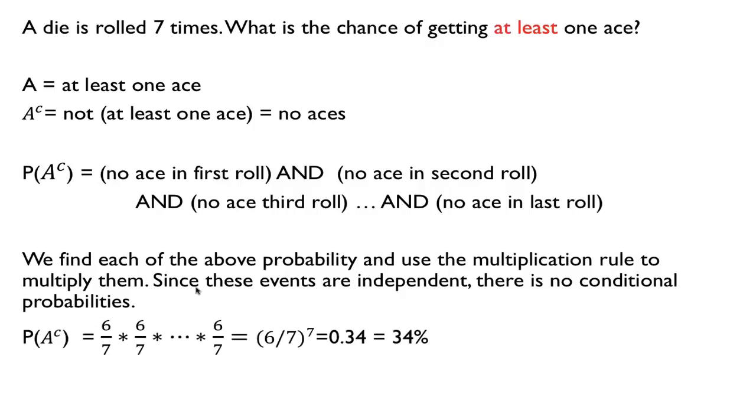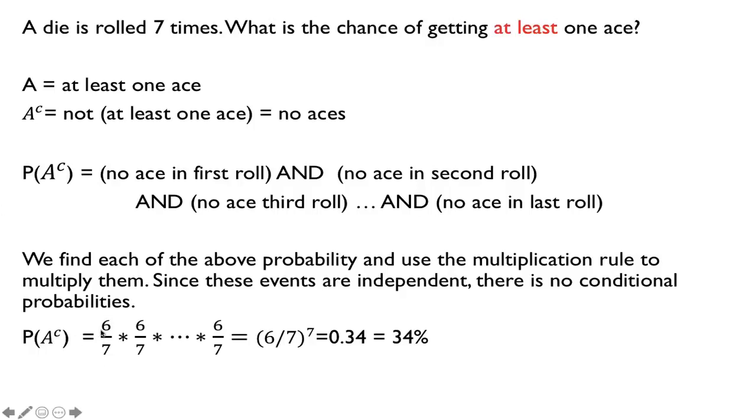So the probability of the complement of A is, what's the chance of getting no ace in the first roll? Well, 6 out of 7, because there's, let's see, is that right? I think I'm making a mistake here. If I roll a die, the probability of not getting an ace is actually 5 out of 6. So sorry, I need to modify this.